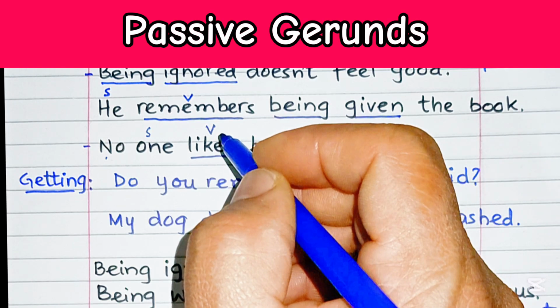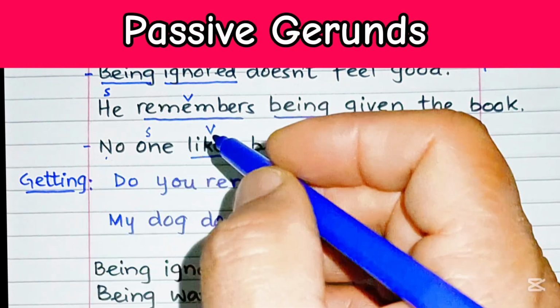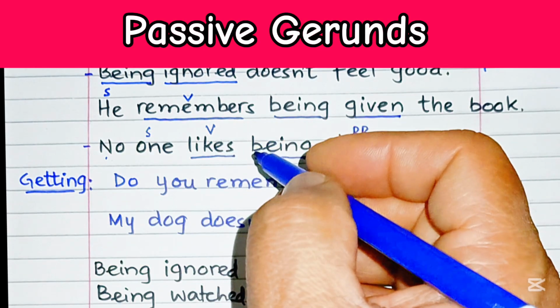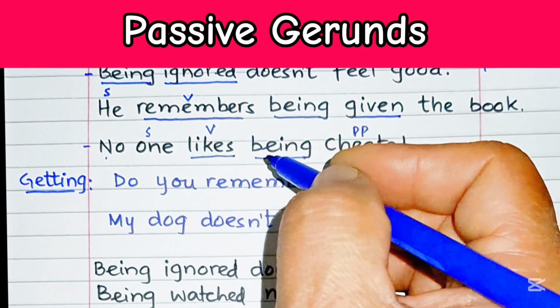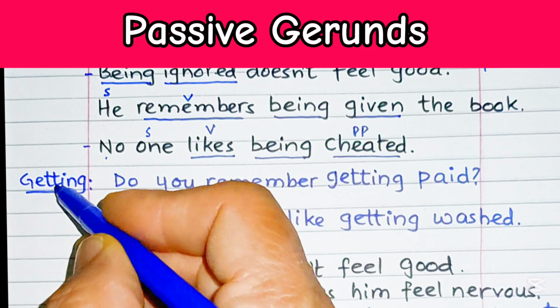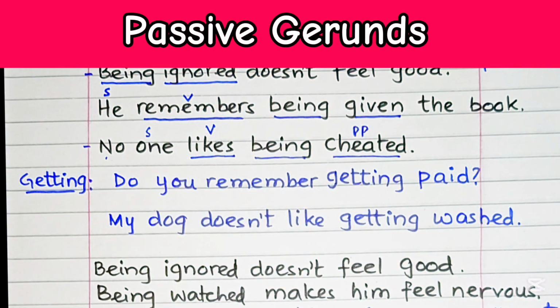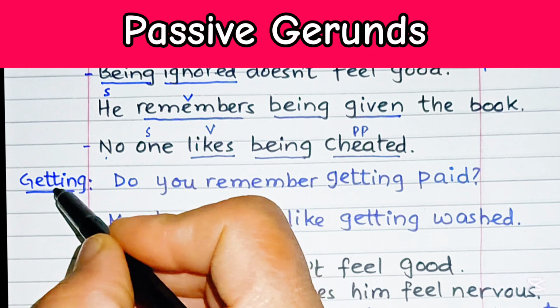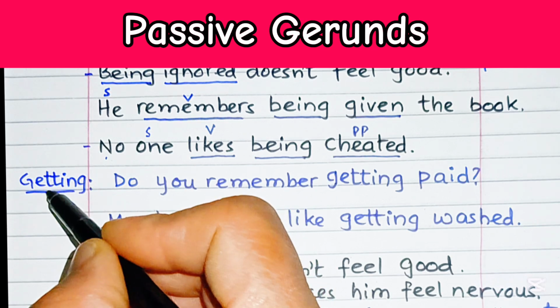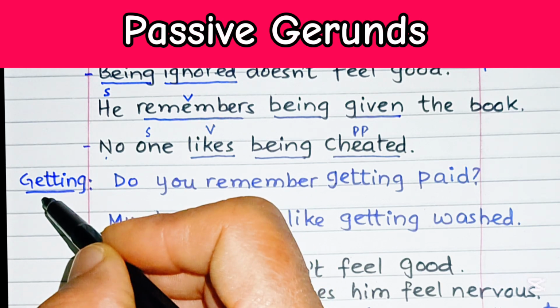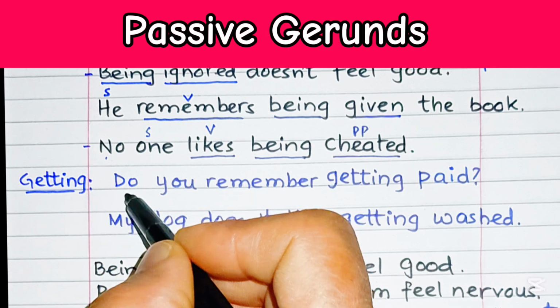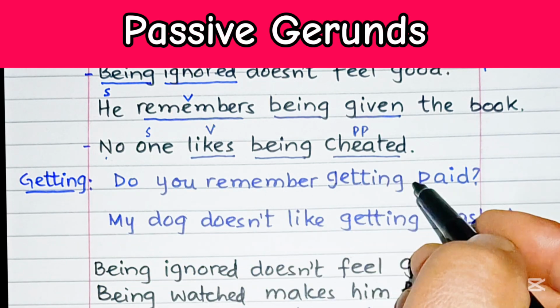So as I said, sometimes the verb being can be replaced with the verb getting. So this is also an alternative of the passive being, and getting can also be used sometimes in place of being. Do you remember getting paid?